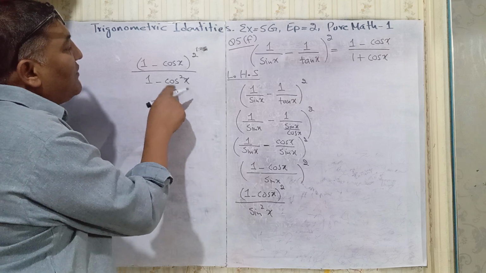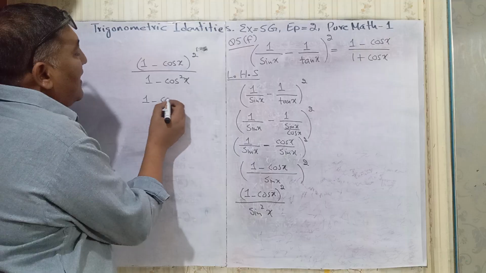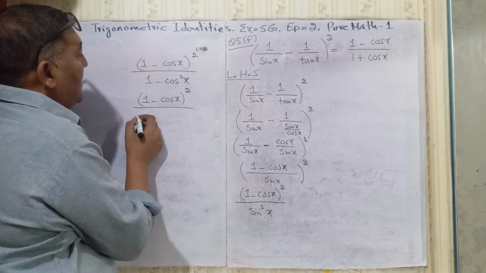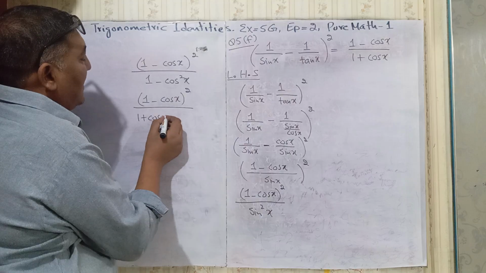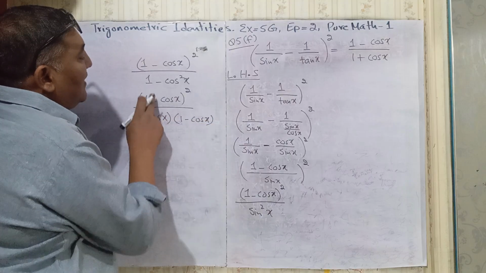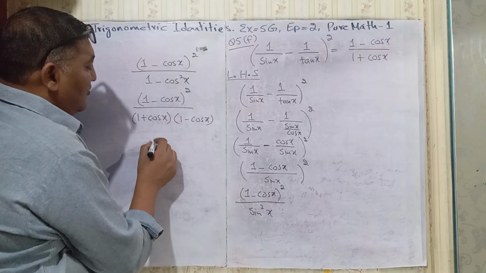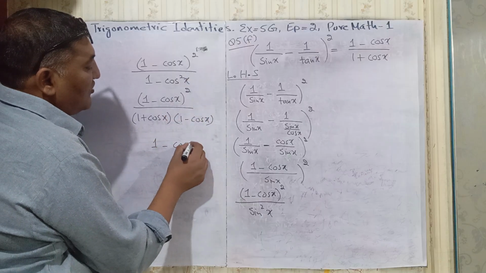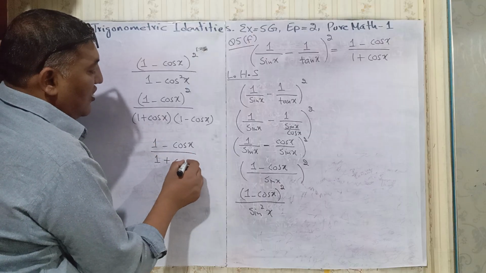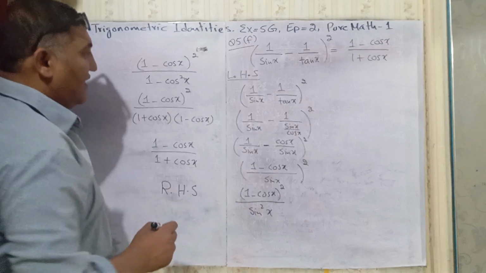You know this 1 minus cos square x is a difference of perfect squares. So it will become (1 minus cos x) whole square, and this will become (1 plus cos x) and (1 minus cos x). You see, these two are the same. This is square, this is power 1, they will be cancelled. So you are left with 1 minus cos x, and this thing 1 plus cos x, which is equal to the right hand side.